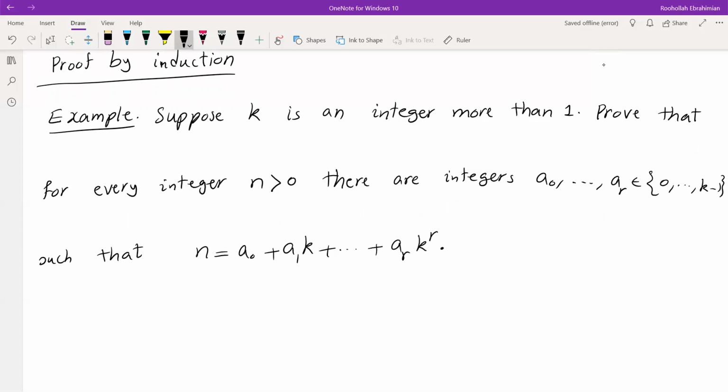So this means you can write down n in base k. So I want to prove this statement, which is why you want to make sure that your base is more than 1.